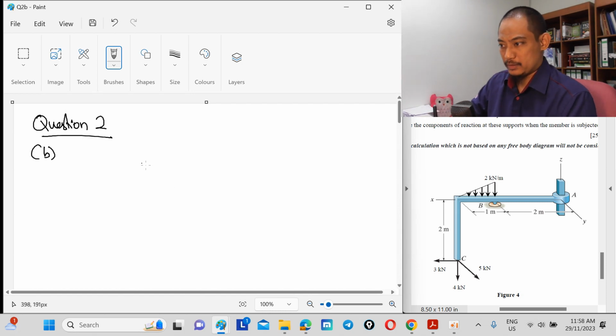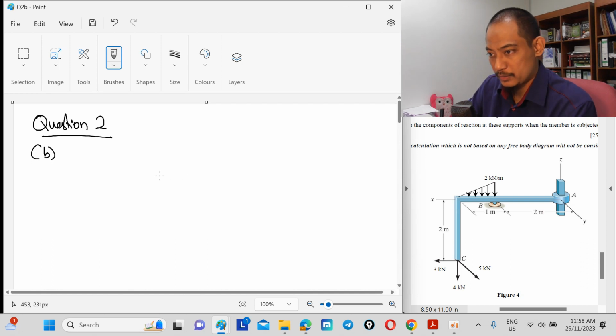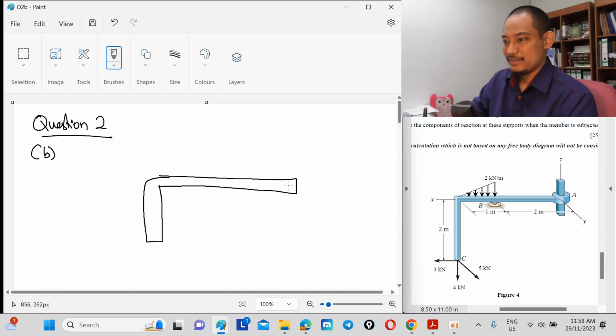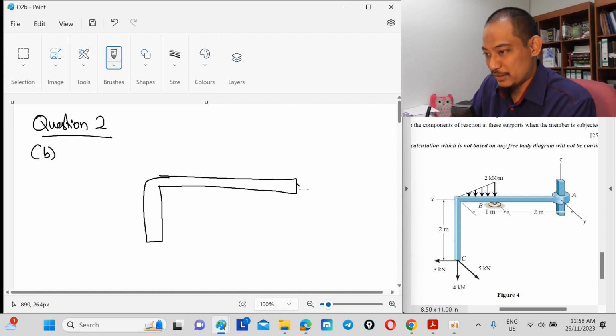Free body diagram. So for the free body diagram, we have this thing here, and then this thing here, right? So y-axis is here, x-axis is here, and z-axis is upward, of course.